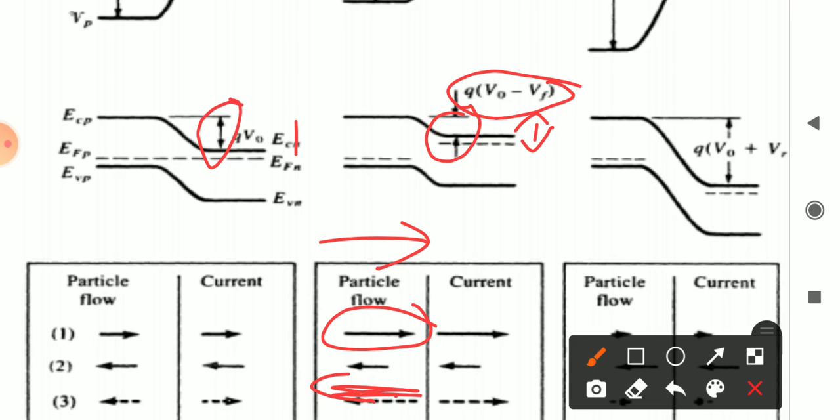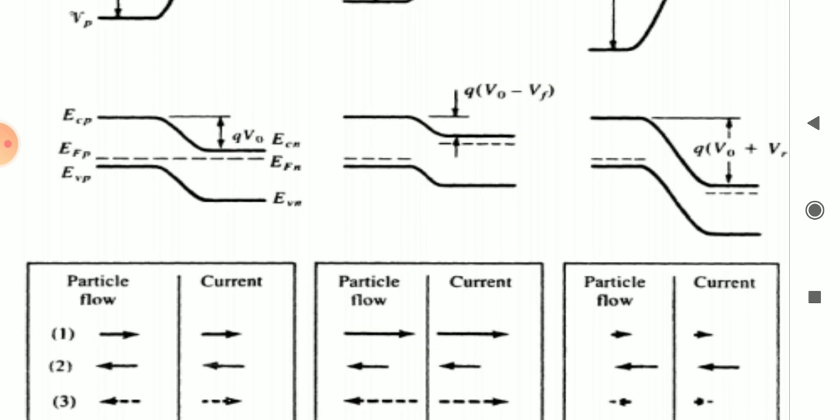So this much energy is required to move the electron from the N region to the P region. We call this the N region and this the P region, no? Electrons present in the N region will need Q times V naught minus V of energy to move to the P region. As this energy is less, more electrons, as well as more diffusion, will take place from P to N as well as N to P. So diffusion current is more.